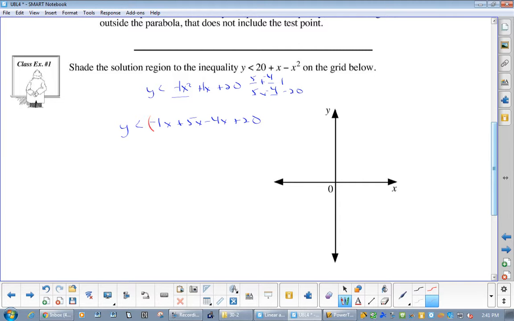Then I'll put my brackets here, and y is less than: take out a negative 1x, x plus 5, or sorry, that's x minus 5. And take out a negative 4, x minus 5. So y is less than x minus 5 and negative x minus 4.